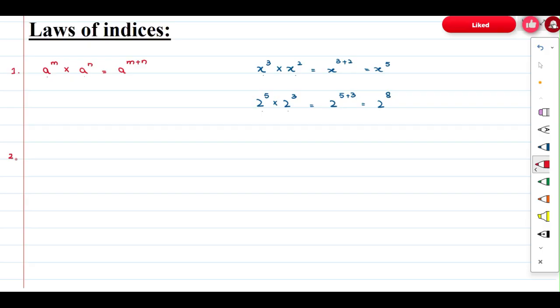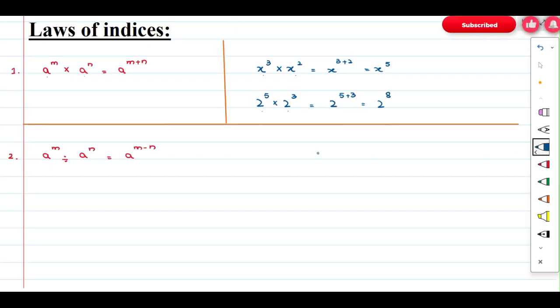Now let's do the same thing in division. If you have the first divided by the second, when the bases are the same in the division, you subtract the powers, the first minus the second. This is the second rule. Let's do an example.